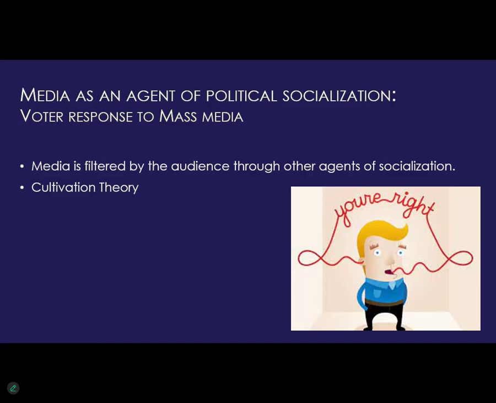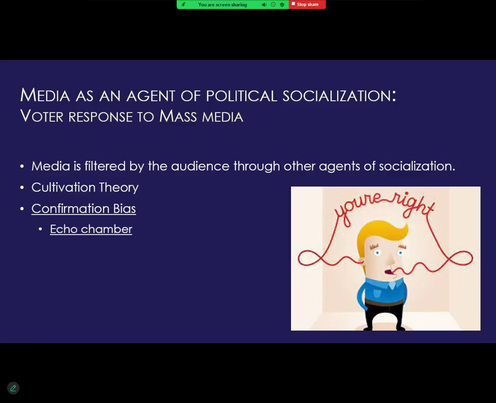So news consumers easily fall victim to something known as confirmation bias, the tendency to search for, interpret, focus on, and remember information in a way that confirms our preconceptions. Another word for this might be an echo chamber.